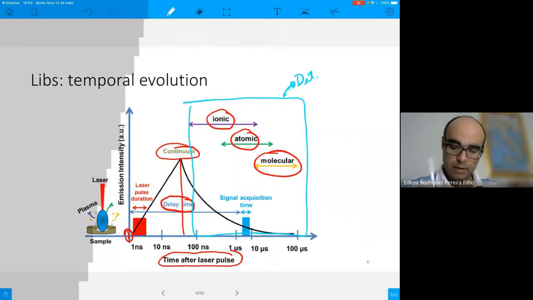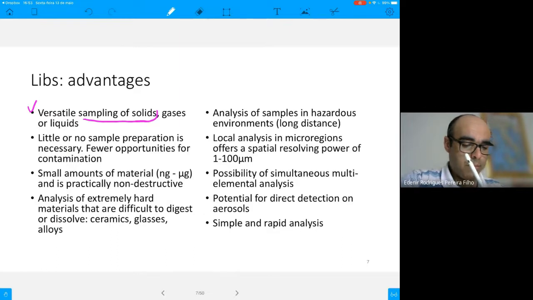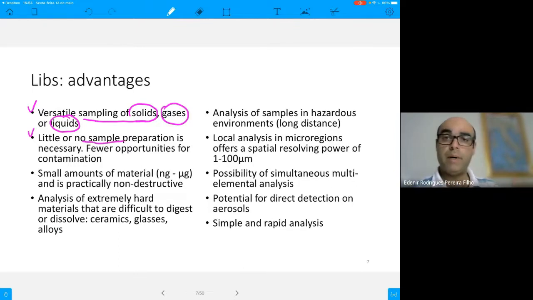Okay, let's continue. What are the advantages of LIBS? LIBS is versatile for solid samples, gases, and also liquids. Little or no sample preparation is necessary. You can analyze direct solid samples.